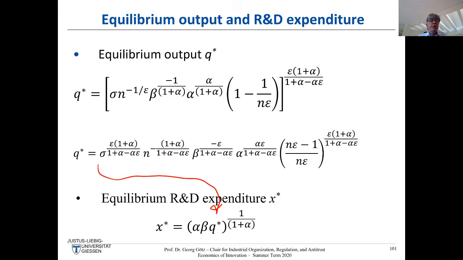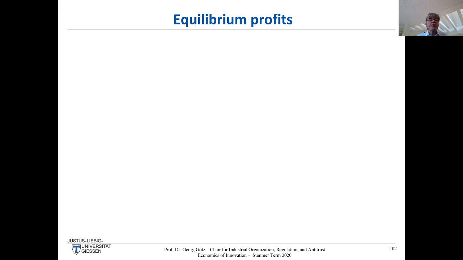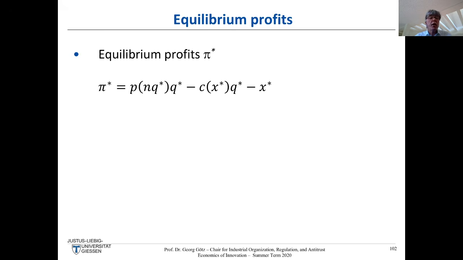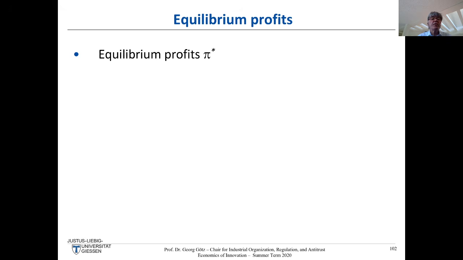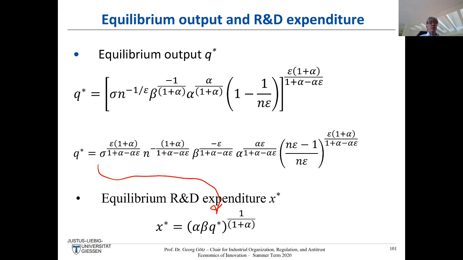And if we substitute all that into the profit function, we get then the profit here also in closed form solution. And what I want to do now is some comparative statics, just to show you what kind of statements we can derive from this result.